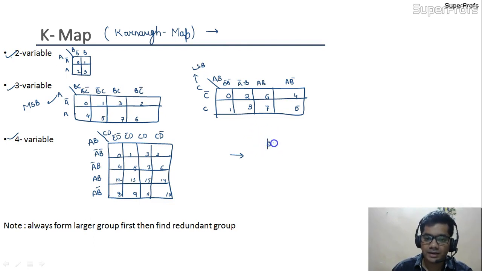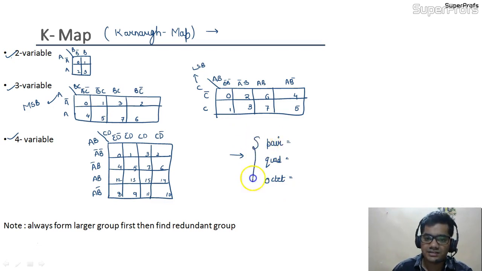It can be a pair of 2 cells. Okay, so it can be a pair, it can be a quad, which is a combination of 4 cells or 4 minterms or maxterms. It can be an octet of 8 minterms or 8 maxterms, or it can be the complete whole Kmap.